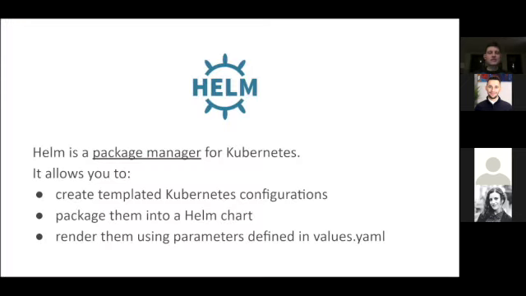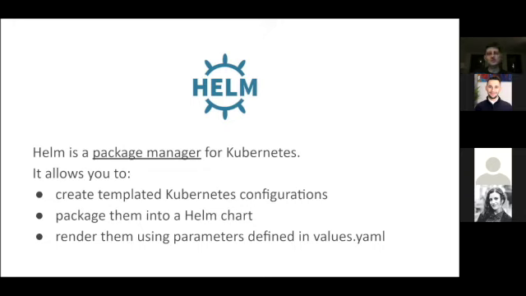Helm is a package manager for Kubernetes, and it allows you to create a set of templated Kubernetes configurations, package them into a Helm chart, and a Helm chart is just a Kubernetes package, and then render them using the parameters defined in a file called values.yaml.